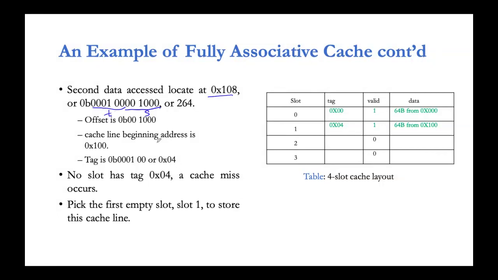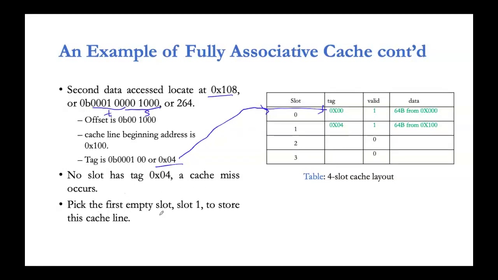Written in hexadecimal, the tag is 04. Now this 04 is compared with the previous tag. If it is not matching, then there is a miss. No slot has 04 in the cache, so a cache miss occurs.